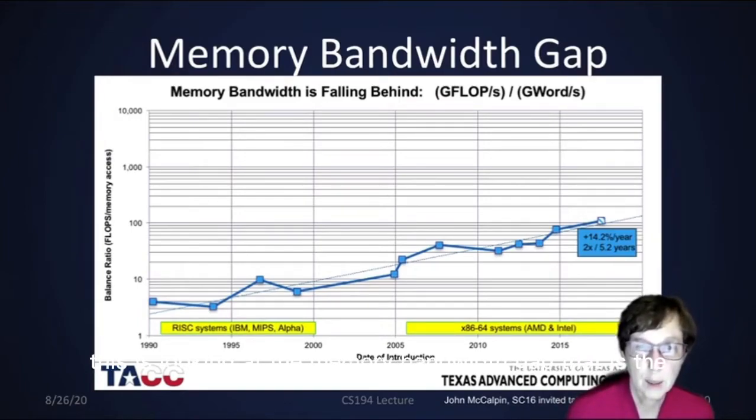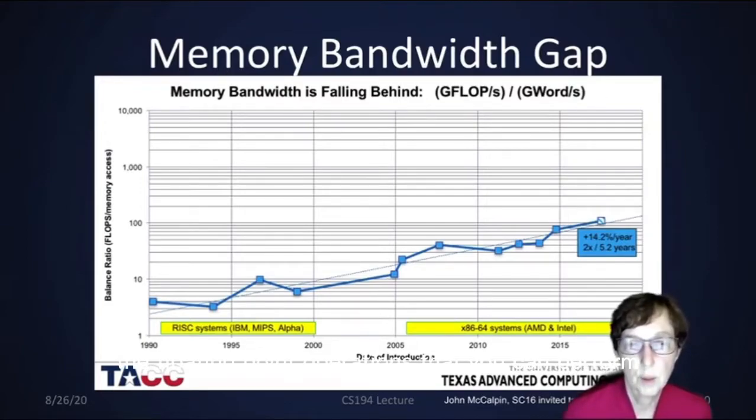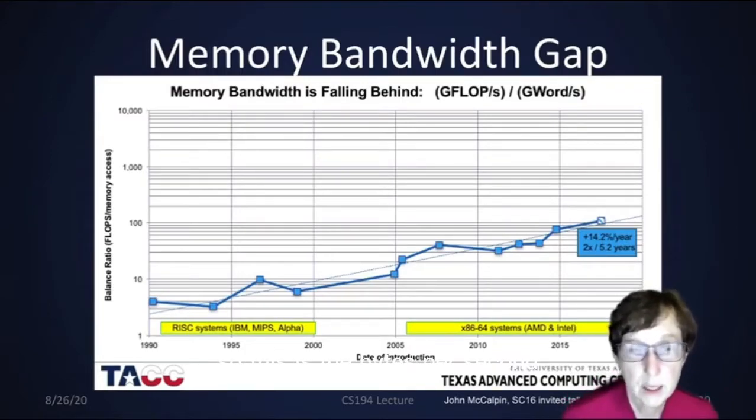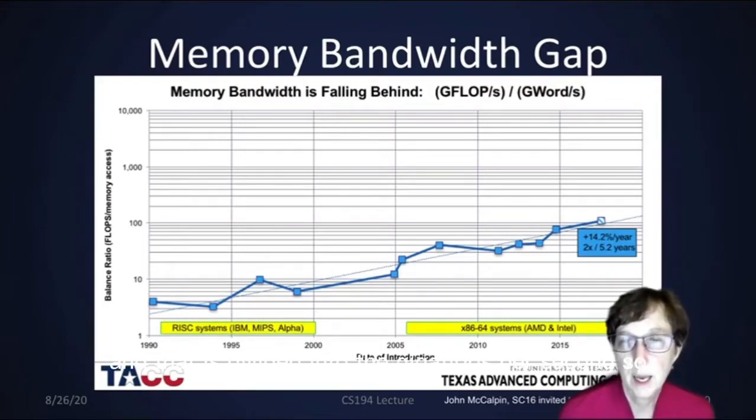This is looking at the memory bandwidth gap, that is, the cost in terms of the floating point operations that you can perform for any given memory access. This is looking at bandwidth, so the bytes per second, or in this case gigawords per second, divided into the gigaflops per second. You can see on a log scale that it is getting worse over time.